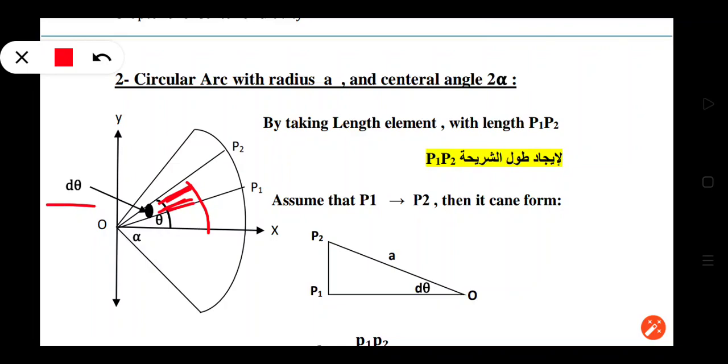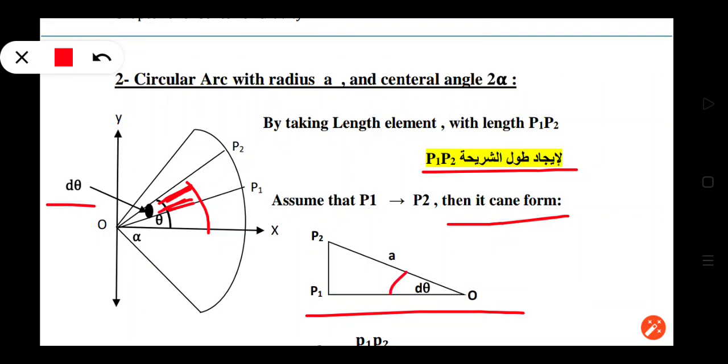We want to find the length of the element. Assume that B1 tends to B2, then it can form a right triangle as shown.